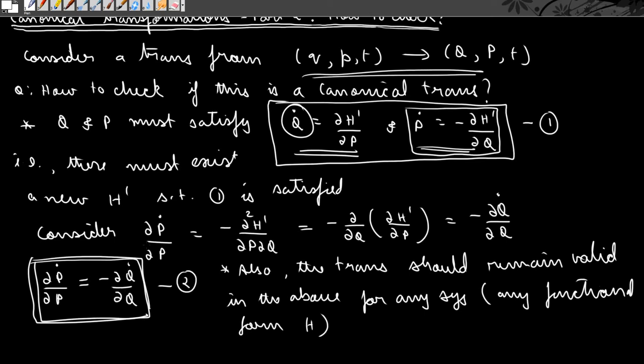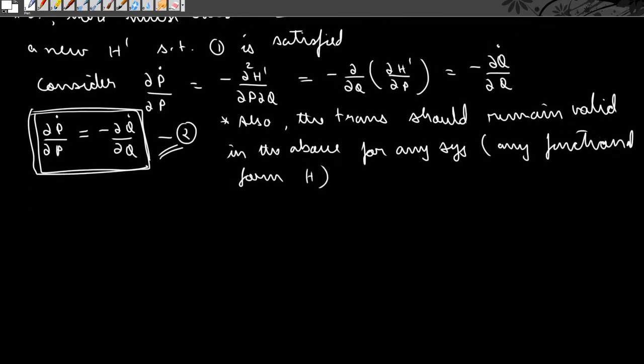Only then, not only for a particular system, but for any system defined by any Hamiltonian H, you should be able to find an h dash such that this relation is valid. Only then we call it a canonical transformation. That is what I mean by saying that the transformation should remain valid for any system.